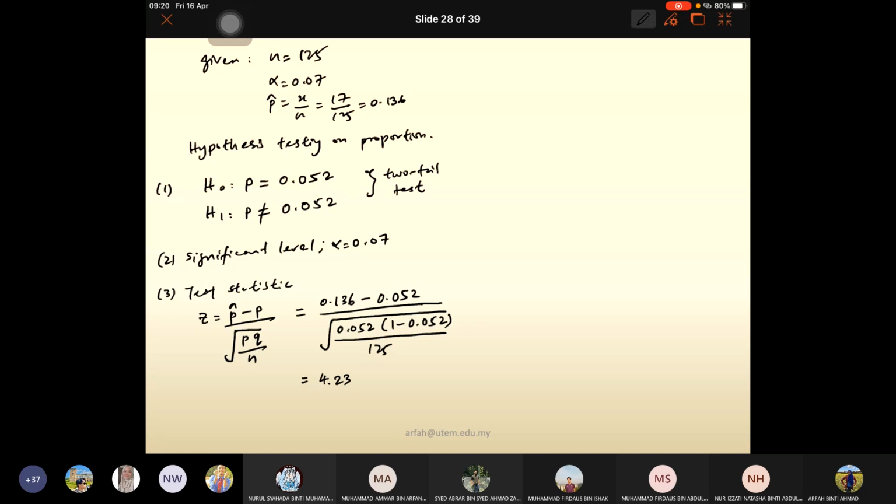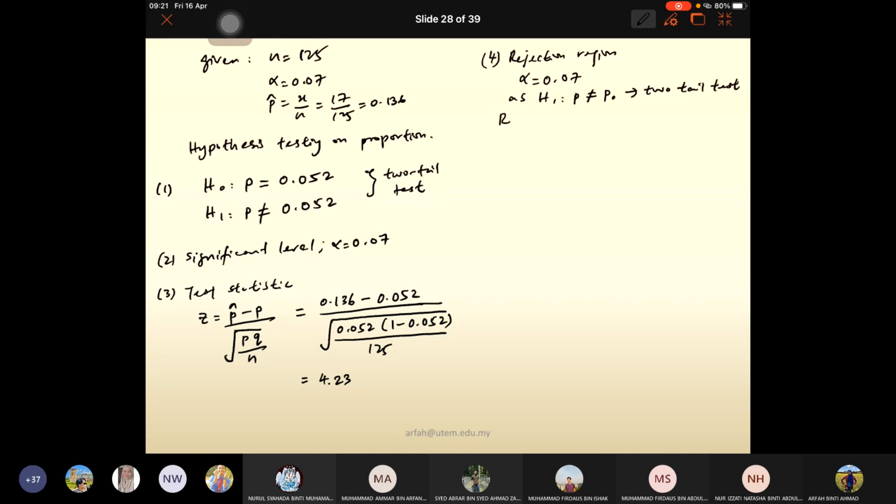Kadang-kadang rasa macam aish. So step keempat, rejection region. Okay, rejection region, given alpha equal to 0.07 as H1 awak ada tanda P tidak sama dengan P0. So yang ini adalah two tail test.